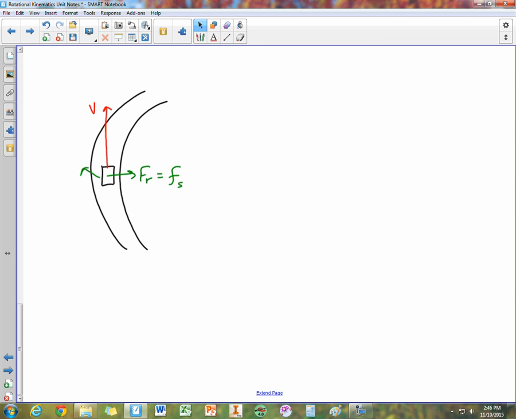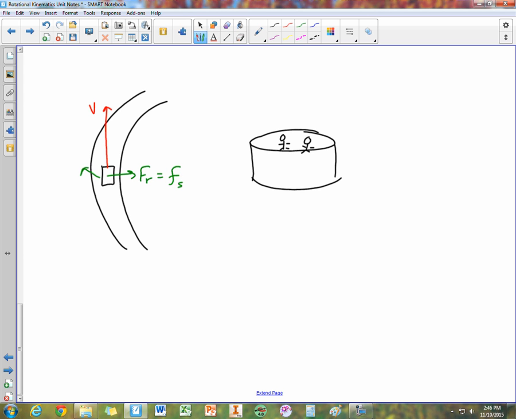Let's say we have an amusement park ride. You guys have probably seen these before. It's spinning, we've got people, and as it spins, the floor drops out and the people are pushed and stuck to the wall.